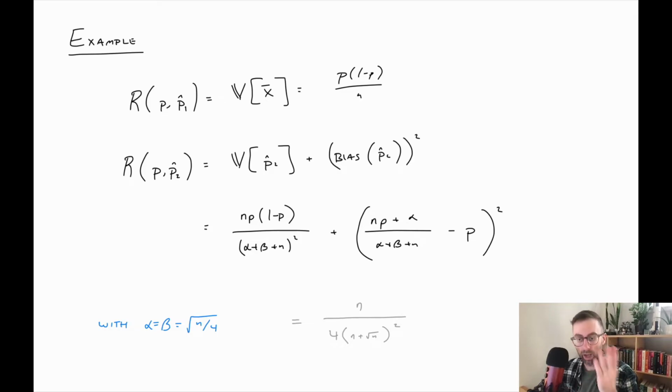But when we do that, we end up with this risk here. Something that might be interesting to note is that the risk of the first estimator actually depends on the true value of p. So for different p's, we're going to get different risks. Whereas the second one is actually constant, which is nice. There's some theory when you get that, but I'm not going to dive into that. It's in the book if you're interested.